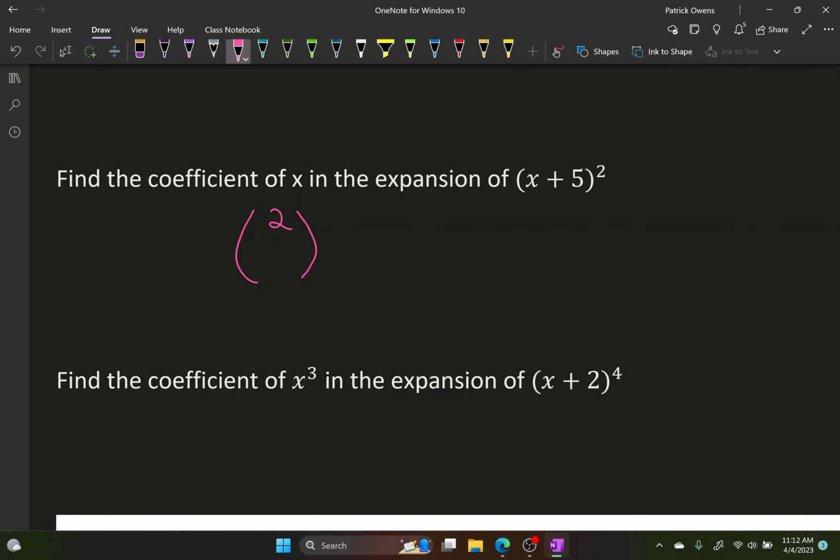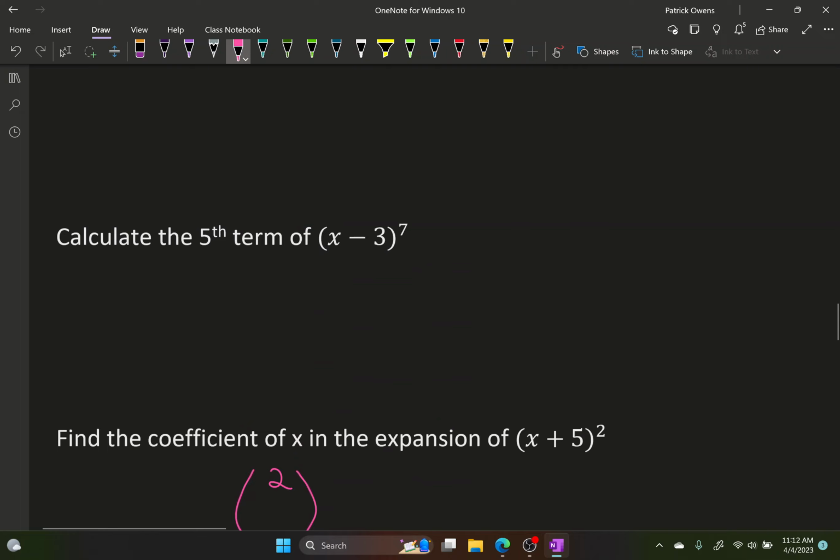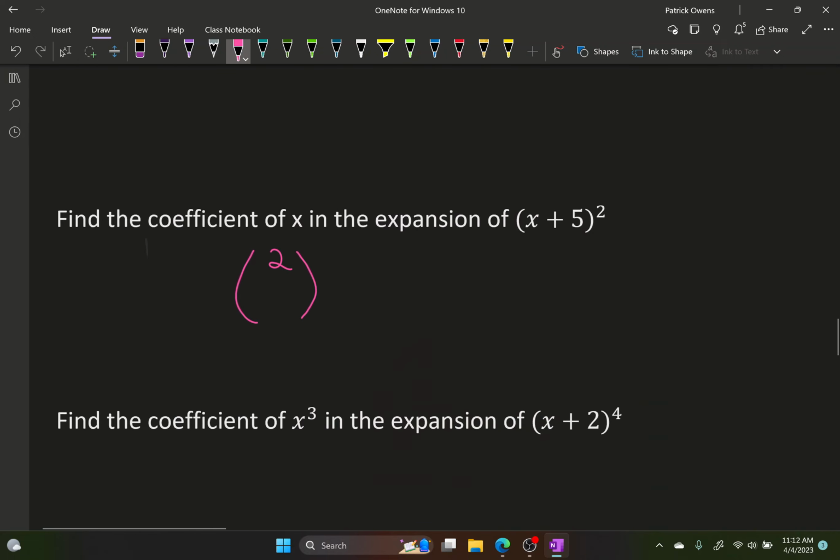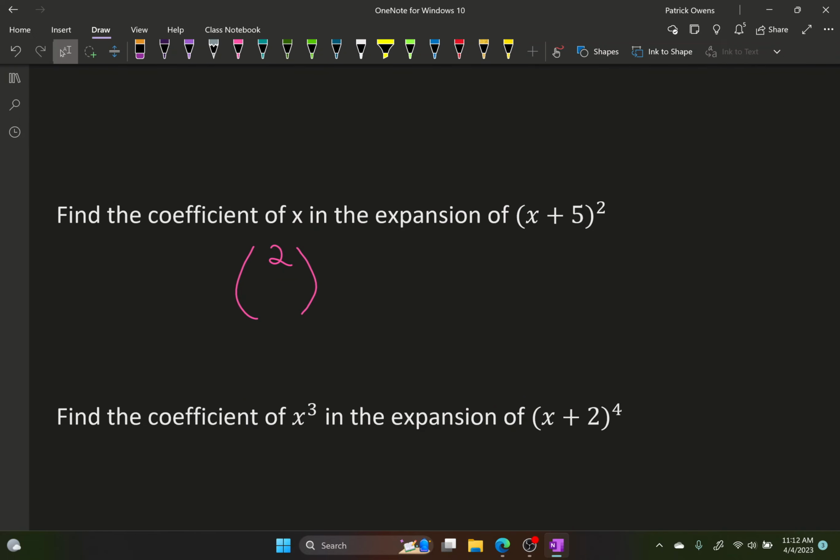And then the bottom number is going to be this k value that is dictated by the exponent of the second term, which could also be the exponent of the first term, because like 5C2 and 5C3 are the same value, right? If you're inviting 2 people of 5 to your birthday party, you are also excluding 3 people.